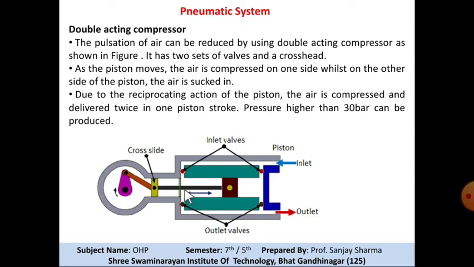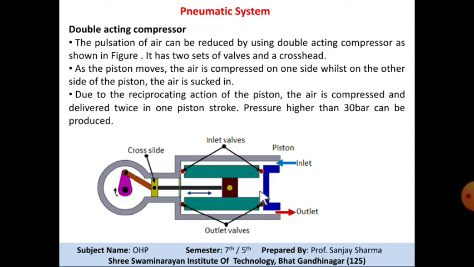When the piston is moving from left to right, what will happen? This valve will act as a suction, so air from this port will enter on this side, and whatever air is sucked will be collected on the rod side of the piston.